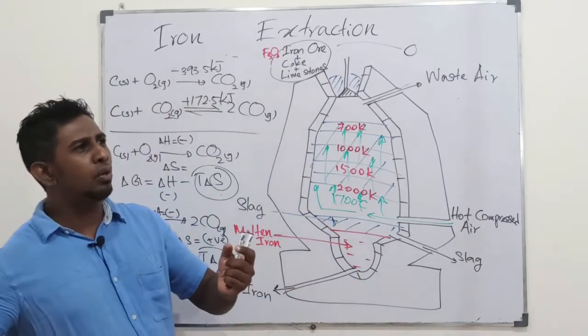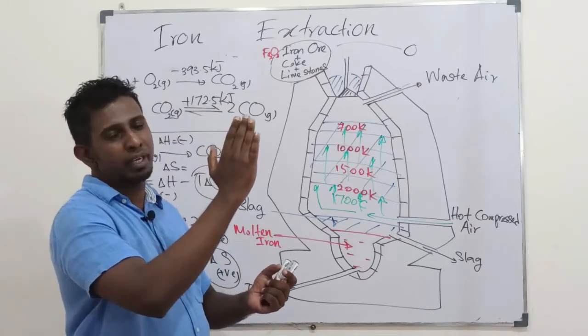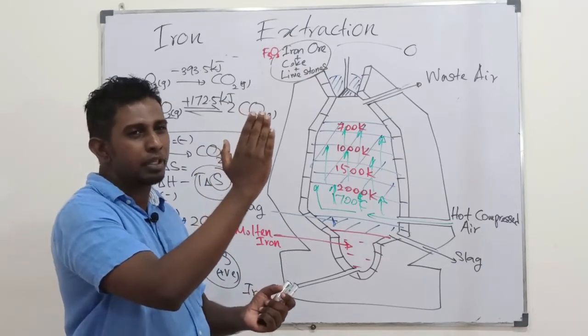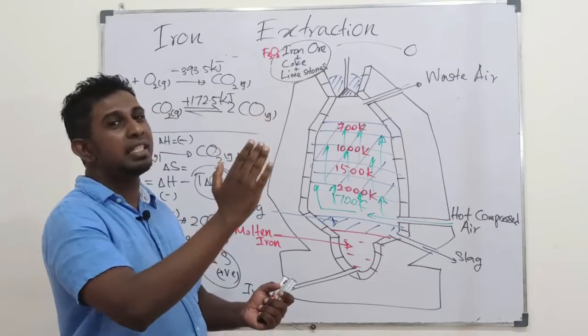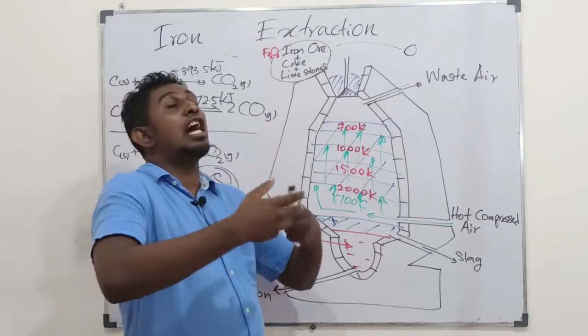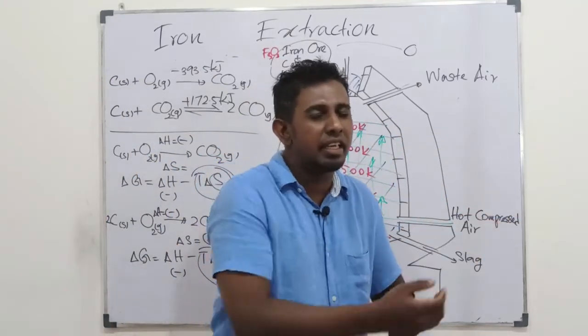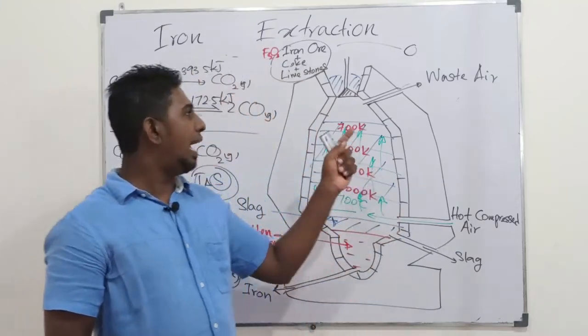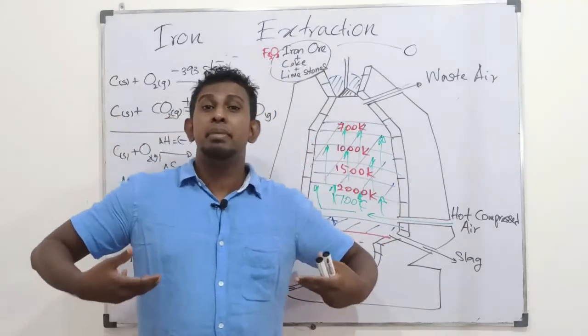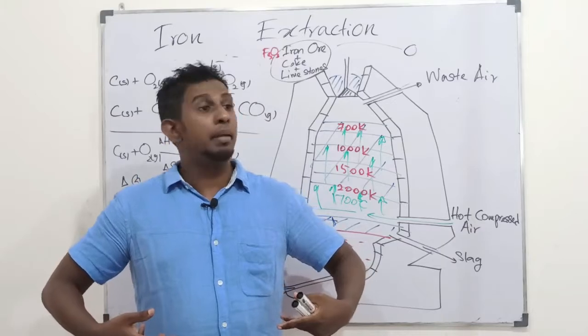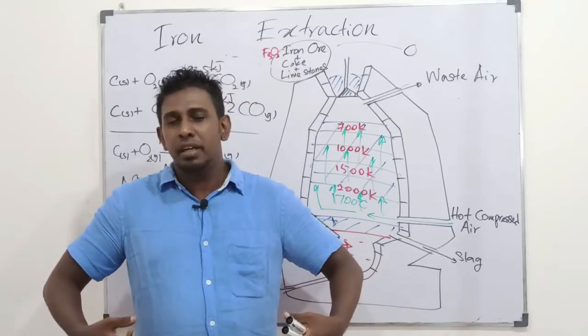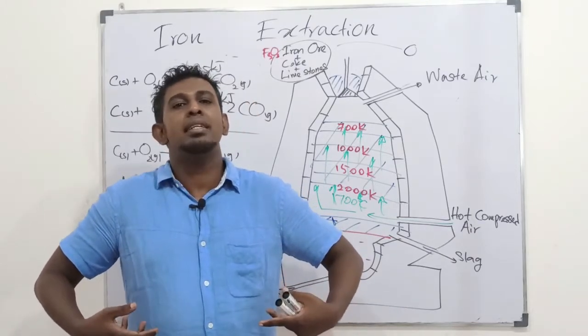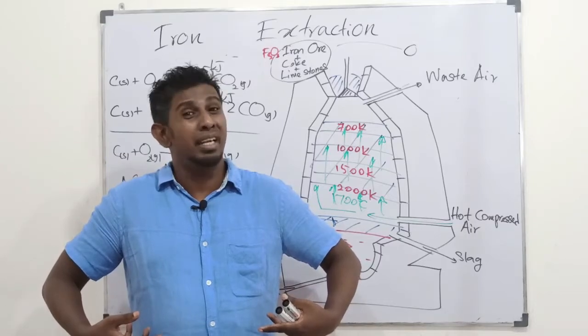This carbon monoxide going up, with reduction of temperature, its stability decreases. So its ability to get transformed into carbon dioxide increases. So at the top the temperature is very low now compared to the bottom. So now the carbon monoxide would start thinking, I will become carbon dioxide now.